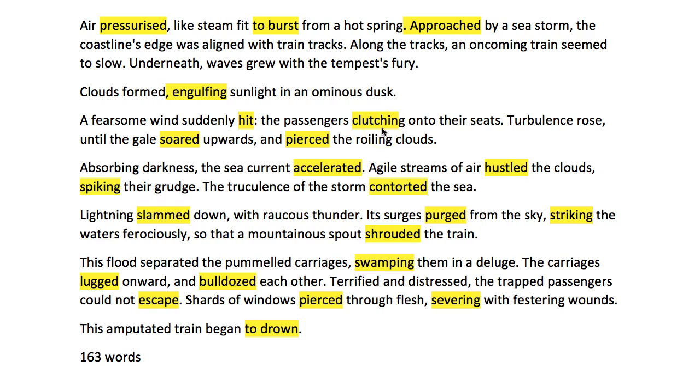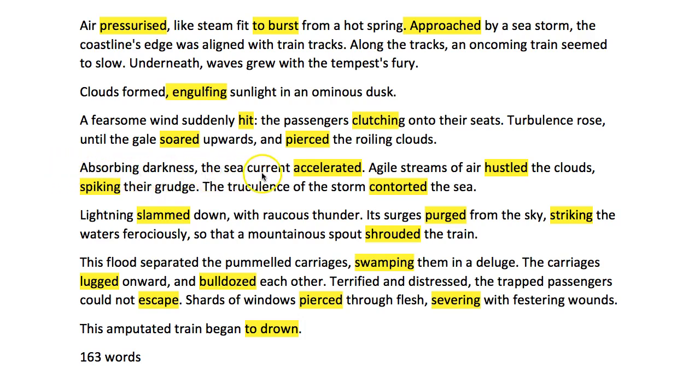Hit and clutching are both violent. Turbulence rose, again neutral, until the gale soared upwards, so it's gaining in power, and then pierce the roiling clouds. Now pierce is dangerous, and it's got associations with pain, and so we can immediately infer the danger that this storm is bringing with it.